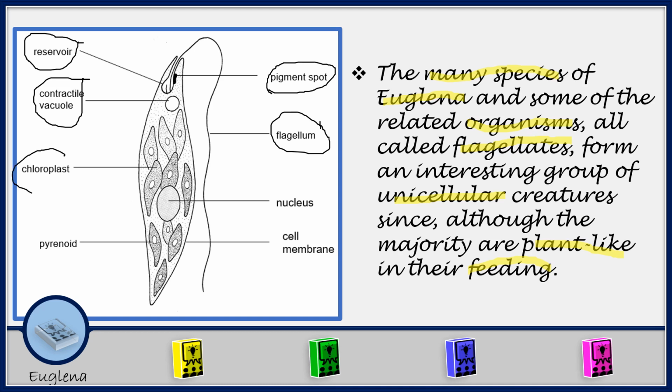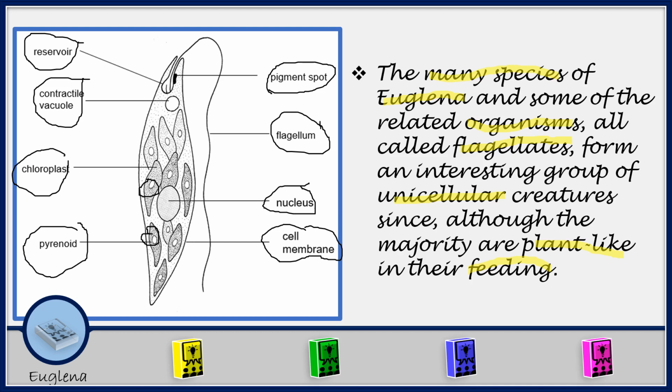There are chloroplasts. It has pyrenoids in the chloroplast. That part there in the chloroplast is a pyrenoid. There are very many of them there. And it has a cell membrane and the nucleus. So that is our Euglena.